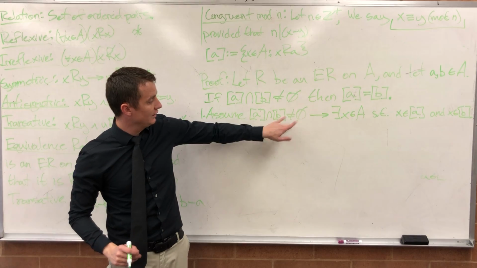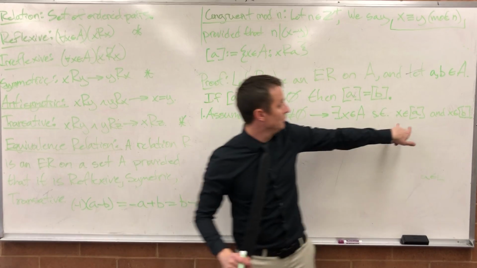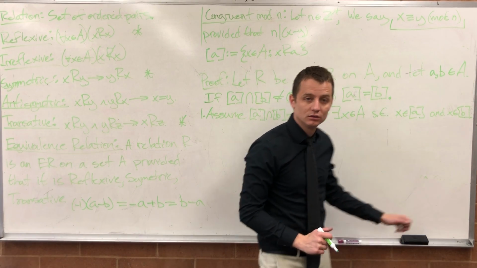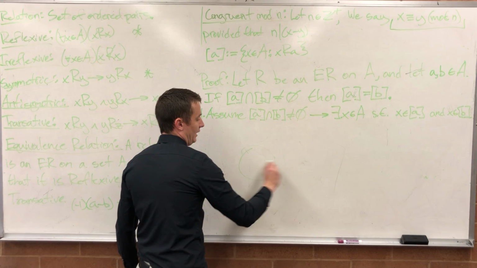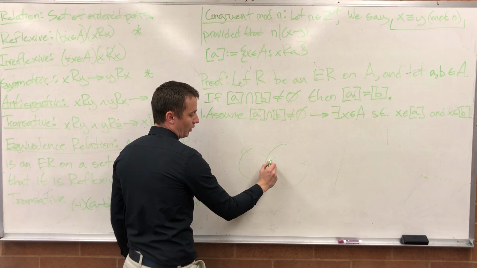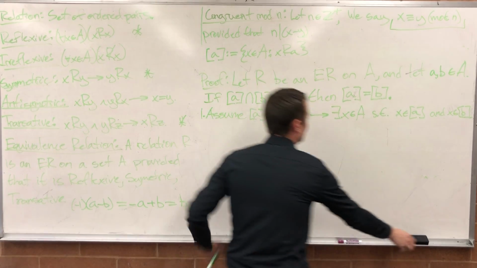If I have a set A and a set B, and their intersection is not empty, then there's something that's in both, and we're calling that thing X. That's all we've done so far. Good?